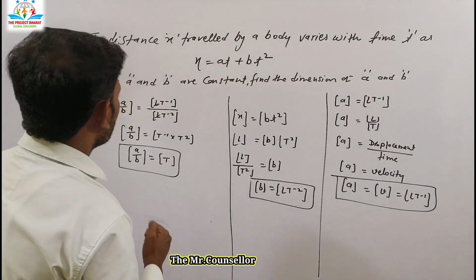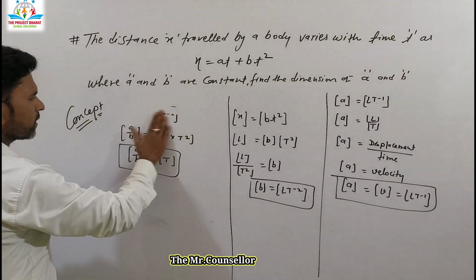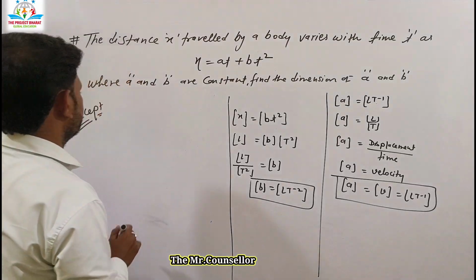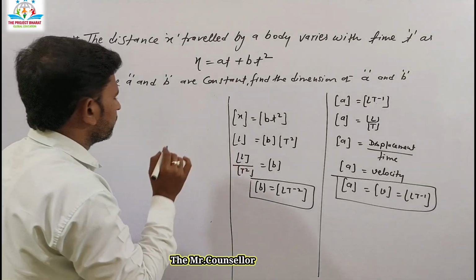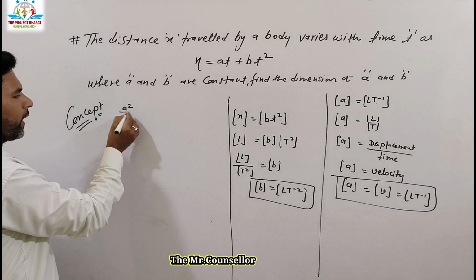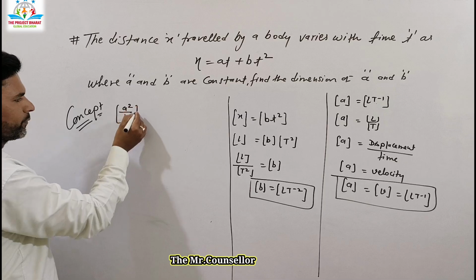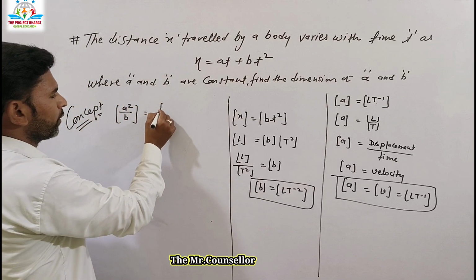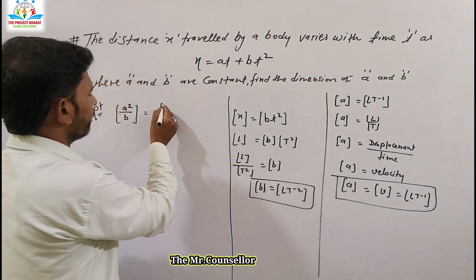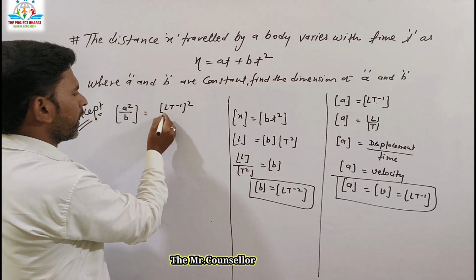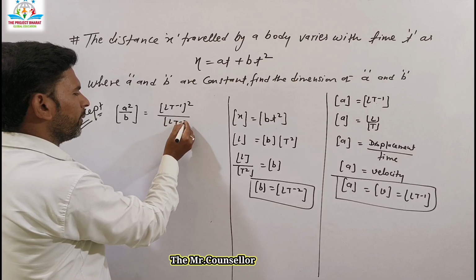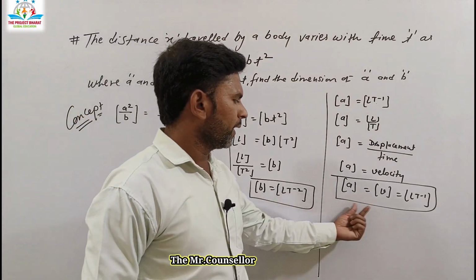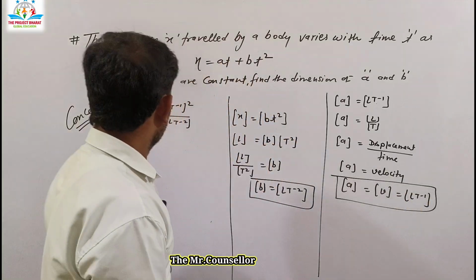Another change they can ask is the ratio of A square upon B. First you put the dimensional formula of A, LT minus 1 whole square, divided by B, LT minus 2. B is LT minus 2, A is LT minus 1.